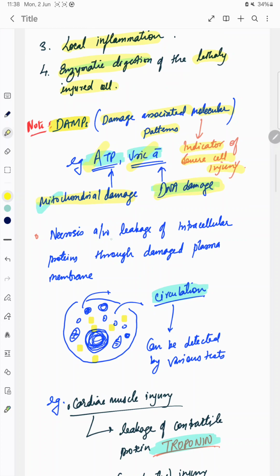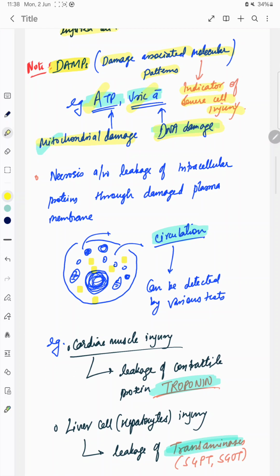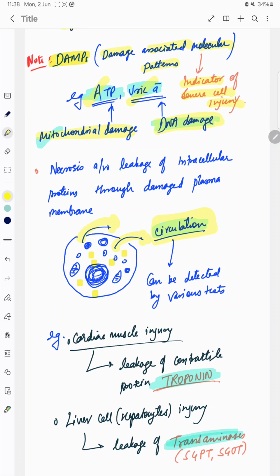Necrosis is associated with leakage of intracellular protein through the damaged plasma cell membrane. These leaked cellular contents then go into the circulation and can be detected by various tests.